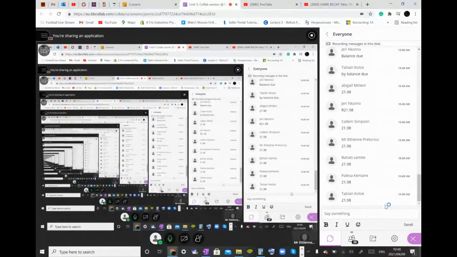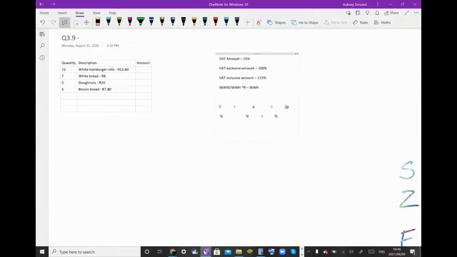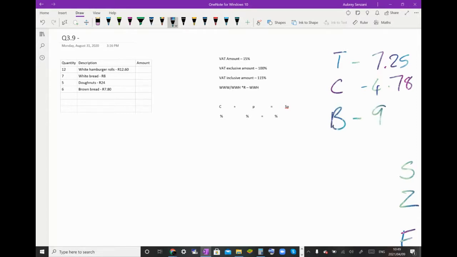If you look there, let me just quickly show you. You see that your tomatoes are 7 Rand 25. Your cucumber is 4 Rand 78. And then finally your bananas are 9 Rand 95. Okay, and if you add those together, you'll get this 21 Rand 98.